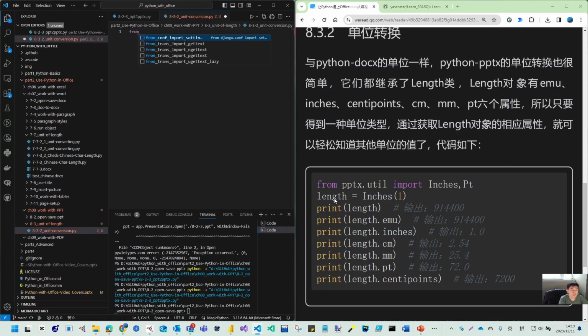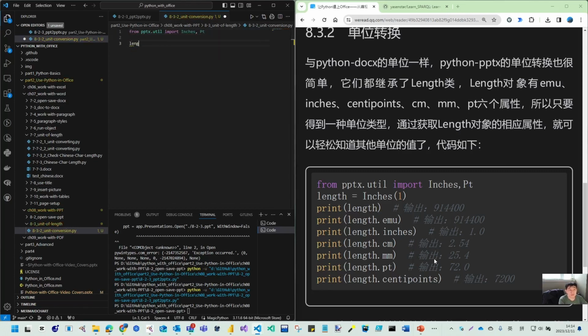That's just due to the different library syntax, so you just need to remember that. So import Inches and Pt. We only import Inches and Pt, and cm and mm are already built in, so I think you don't need to load that.